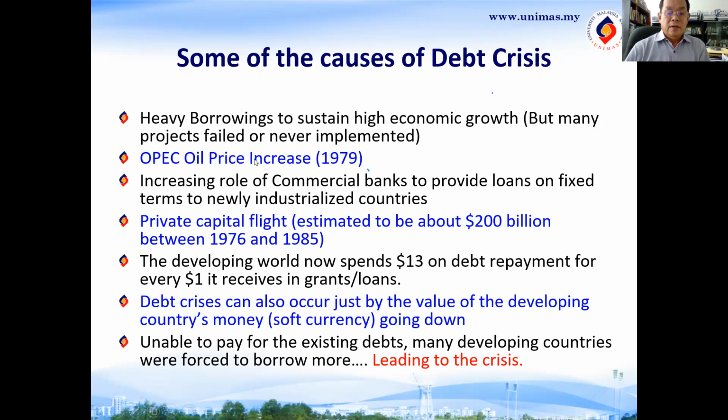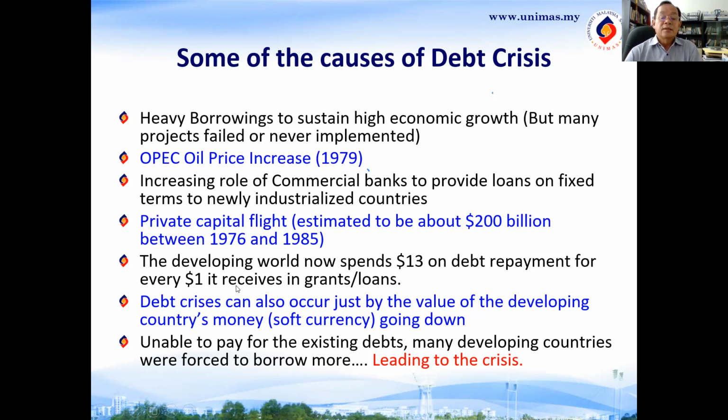And also drop in the commodity prices, such as oil price, increase in commercial banks providing loans on fixed terms to newly industrialized countries, from long term to short term, and also from low interest to high interest.